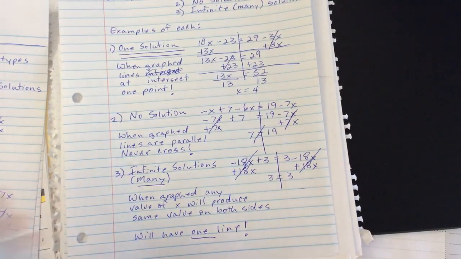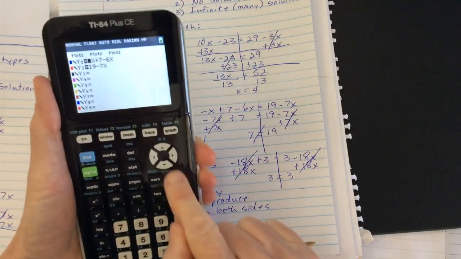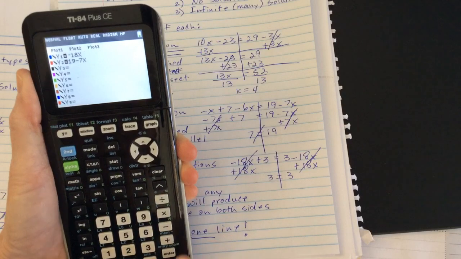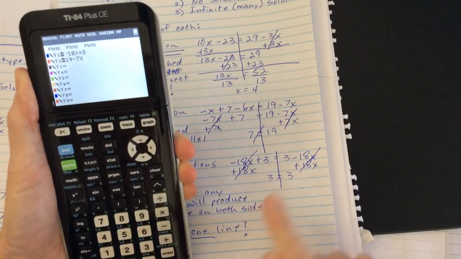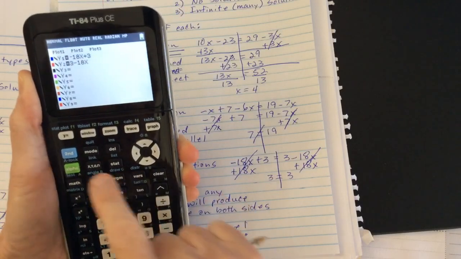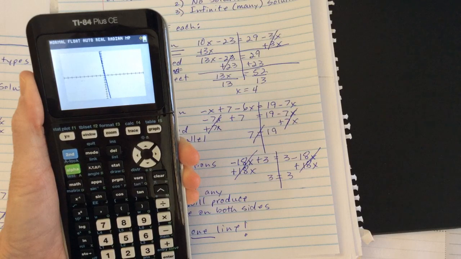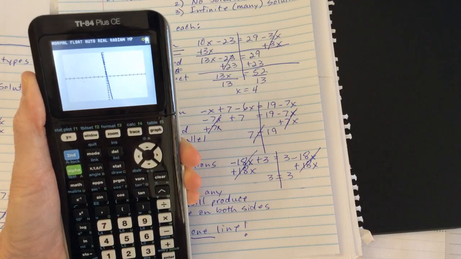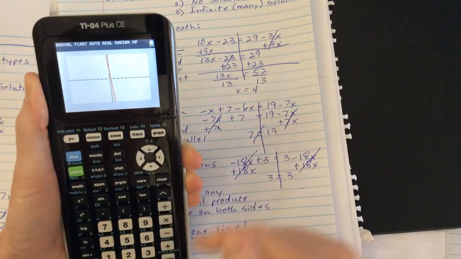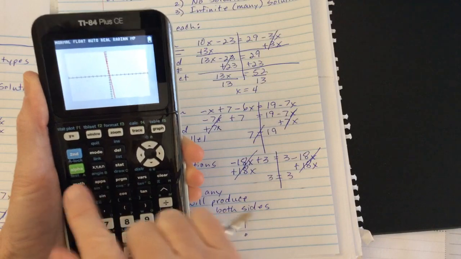Okay, so let's do that one. Y equals, and I'm going to hit clear, negative 18x plus 3, enter, 3 minus 18x. Graph. And that's it. See the blue line? And then the second equation was the red line, and it's the same line.